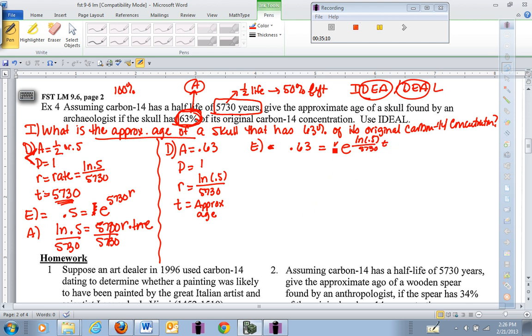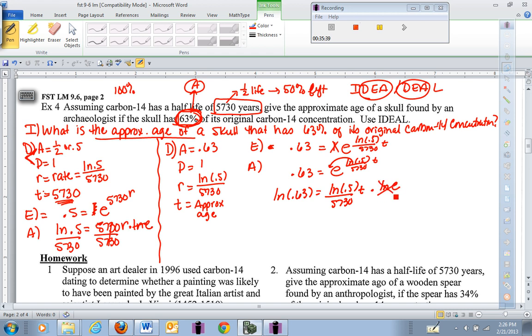I'm going to divide both sides by 1, which is just going to get rid of this. And then I'm going to say that I have 0.63 equals e to the natural log of 0.5 divided by 5730 times t. Now I'm going to take the natural log on both sides. Jump this to the front. The natural log of 0.5 divided by 5730 times t times the natural log of e.